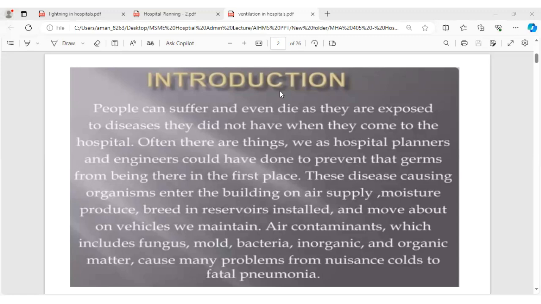Air contaminants, which include fungus, mold, bacteria, inorganic and organic matter, cause many problems from nuisance colds to fatal pneumonia.